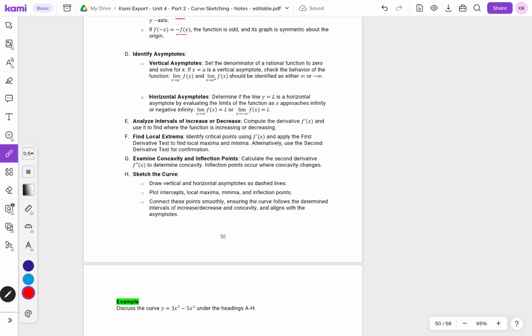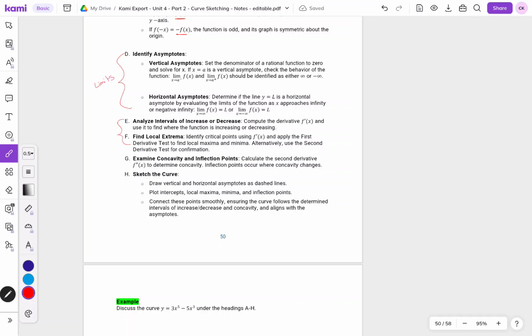For horizontal, we want to make x go to infinity and see if our graph either also approaches infinity or if we approach a specific value and we have that horizontal asymptote. So this is the limits. Step D, we're using limits to find our asymptotes.